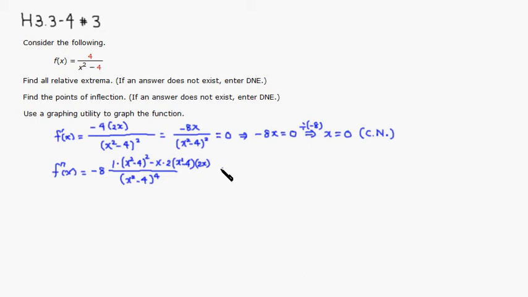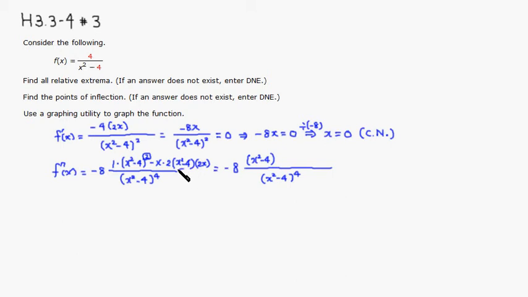Let's clean up a little bit. So negative 8 is still there, then you have a big fraction. I keep the denominator as it is for now. Then let's see what's in common. You have x squared minus 4 in common, so I'll pull that out. I took one of these out, so I circled the 2 so that I know that there's another one.